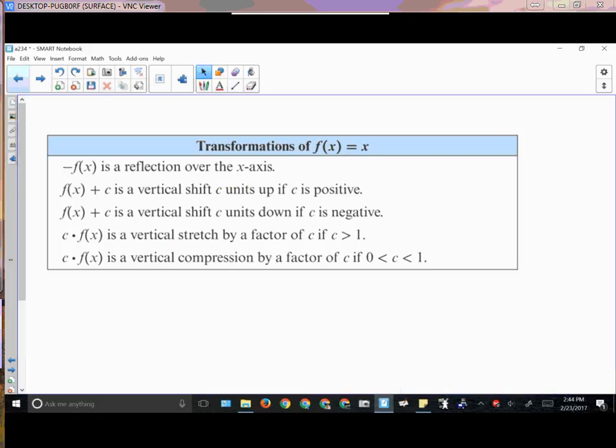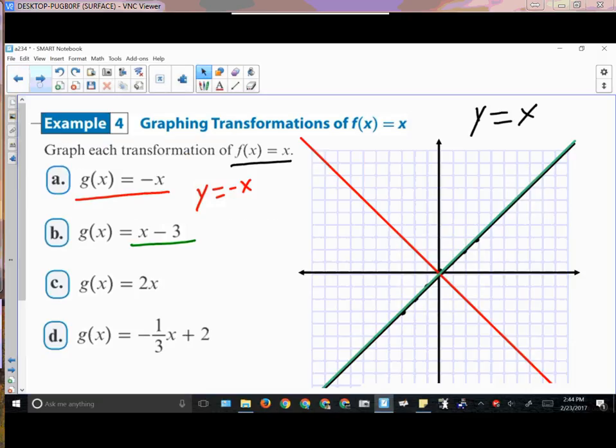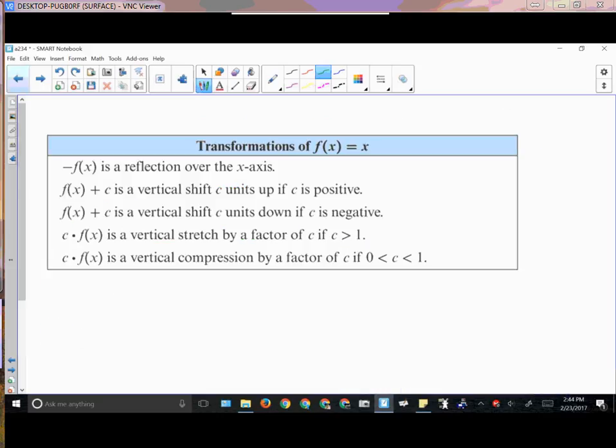If I go back here, it says is C negative. Well, could I rewrite this and think of it as Y is equal to X plus negative 3? If I do that, does it fit the forms that I see here? And the answer is yes. Plus C. Plus C is negative. That means it has to go down.